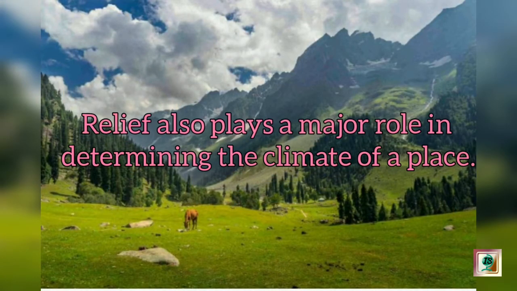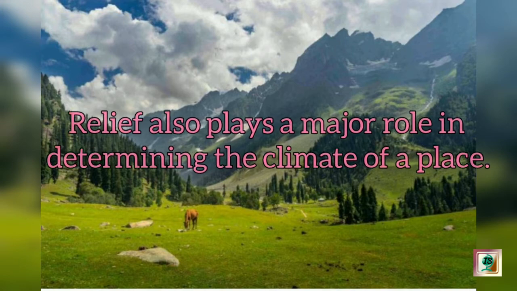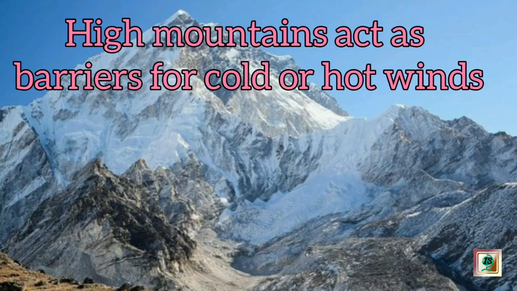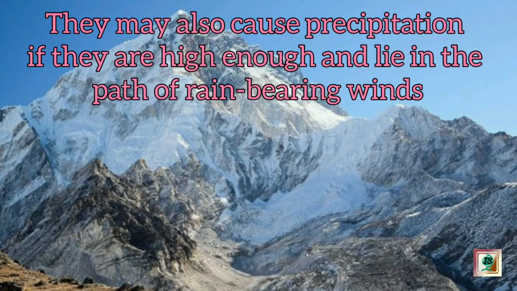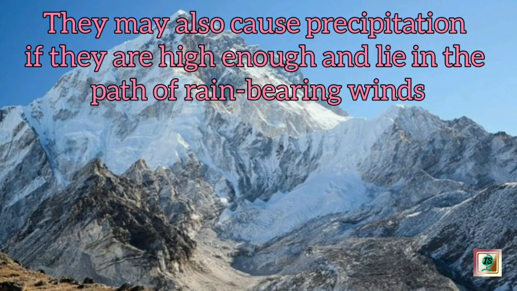Relief also plays an important role in controlling the climatic condition of any area. For example, high mountains act as barriers for cold and hot winds. They may also cause precipitation if they lie in the path of rain-bearing or moisture-laden winds.